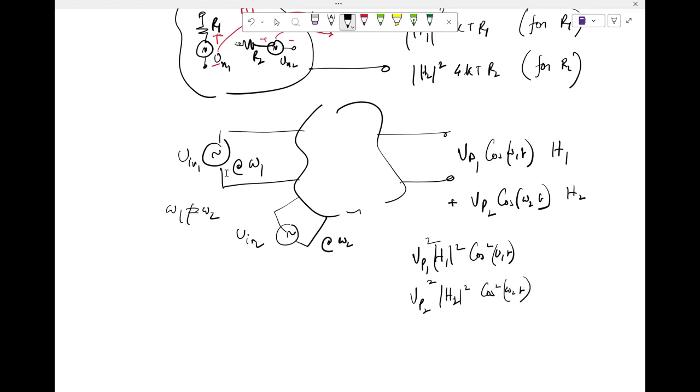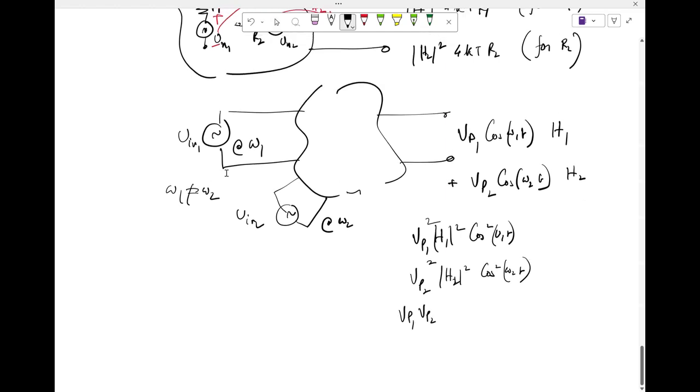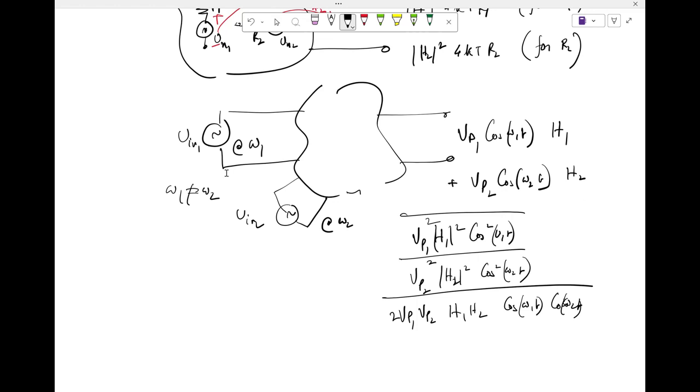Another term is a cross product term, which is twice Vp1 Vp2 h1 h2 cosine omega 1t cosine omega 2t. And you take the average of all three. So can you comment on the average of this last term? 0, right? But the average of the first two terms are not 0.